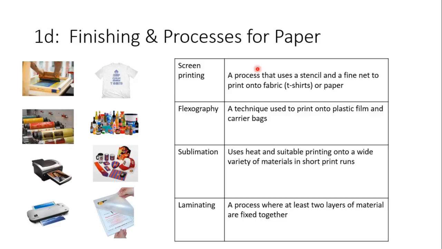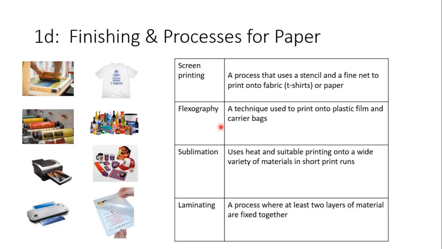So you can use screen printing, which is a process that uses a stencil and fine net to print onto fabric or paper. Flexography uses separated colors to print onto carrier bags. It's very similar to the process called lithography that we use to produce mass print like newspapers, glossy magazines, and so on.